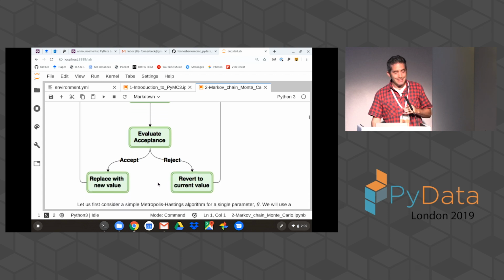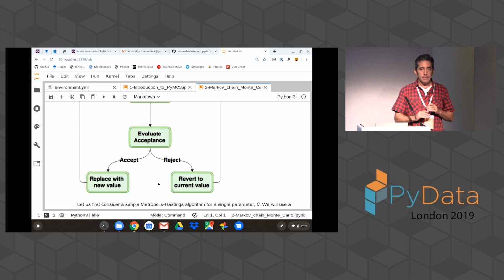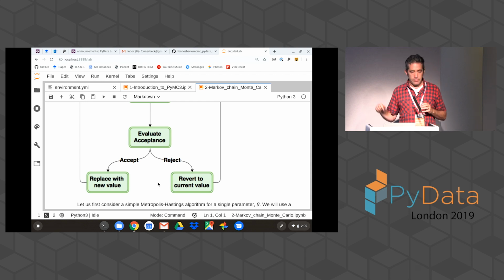You evaluate its acceptance. We'll see how to do that in a second. If it's acceptable, we keep it and we add it to our sample. If it's not, we revert to the current value. We actually take another copy of the current value. Then we go back and do it again. We'll propose a new one, given the current value, evaluate it, accept it or reject it, and so on. So in principle, very simple thing to do.